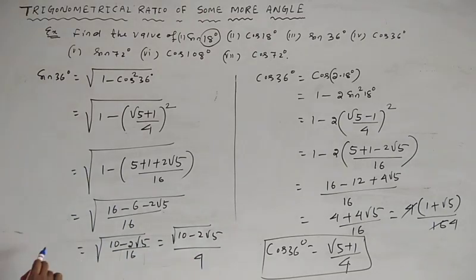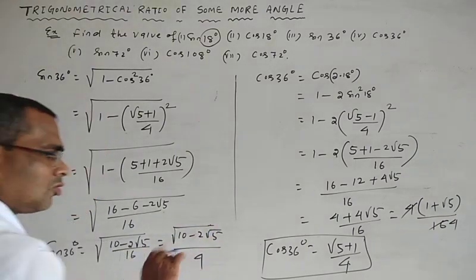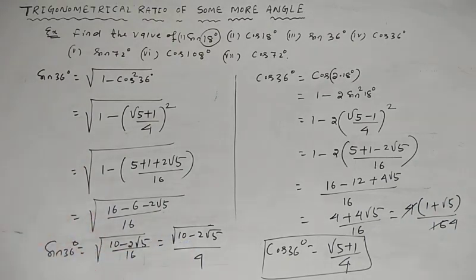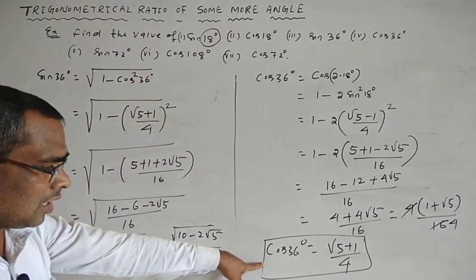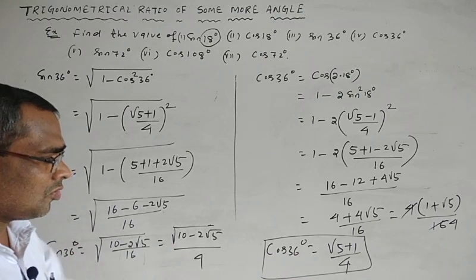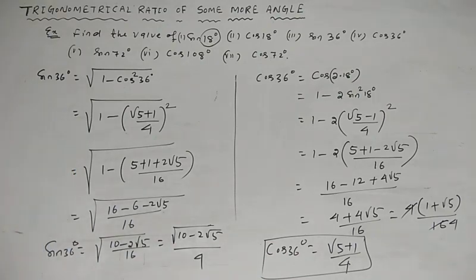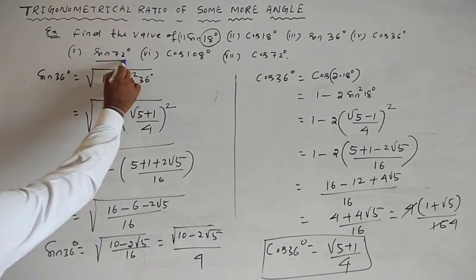So sin 36 degrees is equal to root over 10 minus 2 root 5 by 4, and cos 18 degrees is equal to root over 10 plus 2 root 5 by 4. Then sin 18 degrees is equal to root 5 minus 1 by 4, and cos 36 degrees is equal to root 5 plus 1 by 4. So these are all the angle values. Next we calculate sin 72 degrees.